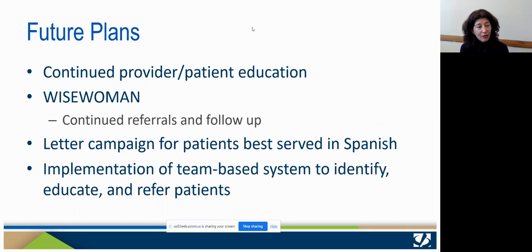And then also, through our work with the Screen Test Refer state engagement model group, to think about implementing a team-based system to identify, educate, and refer patients to the national DPP. Right now, we're relying mostly on our providers, and we know that for a sustainable system, we need to get more people involved. And so that's our plan for the future.